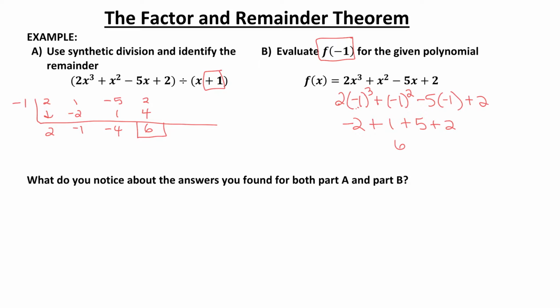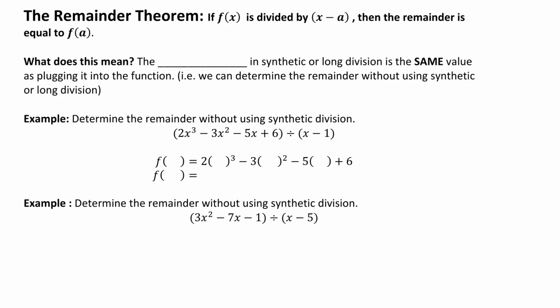So what do you notice about these two answers? We've got a remainder of 6 here, and when we plugged in -1, we also got 6. So hopefully you're noticing that they are the same. And this is what the remainder theorem says. It says, if f of x is divided by x minus a, then the remainder is equal to f of a.